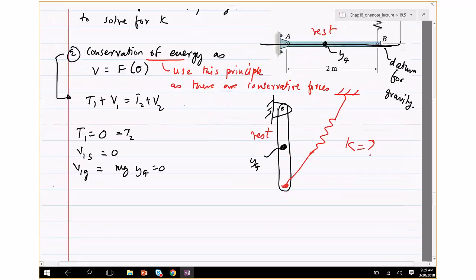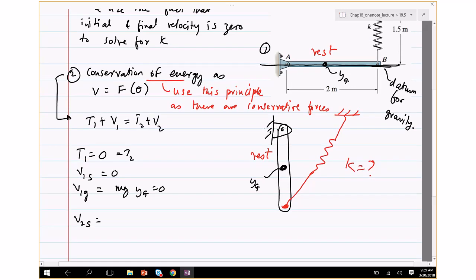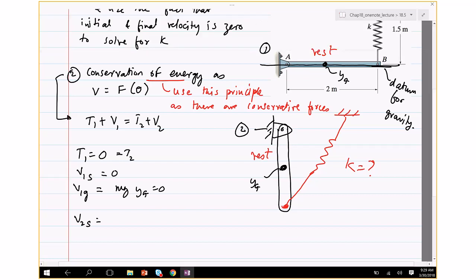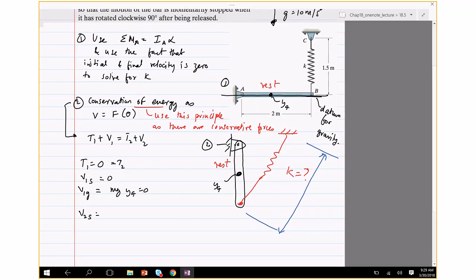Now let's write the spring energy in position 2. This is position 1, this is position 2. We need to find the length of the spring here. What's that going to be?